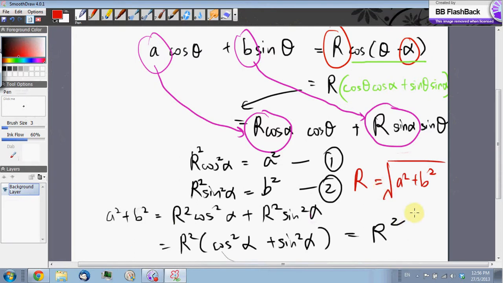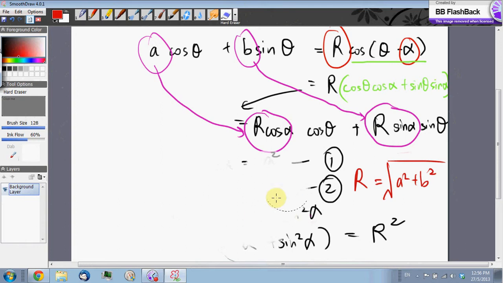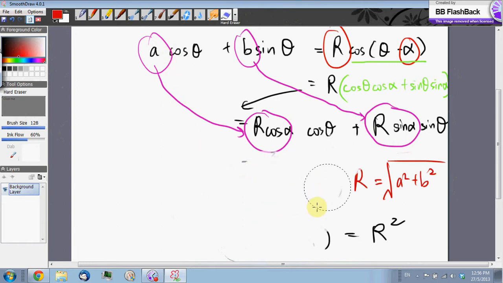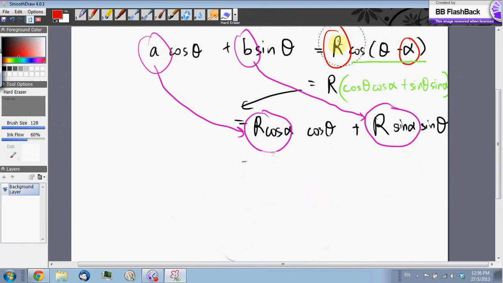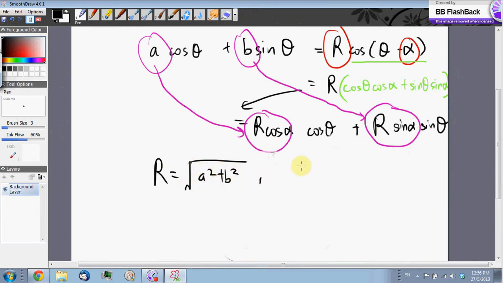So a summary would be as such. If I'm going to let a cosine theta plus b sine theta equal to r cosine of theta minus alpha, we just need to let r be equal to root of a square plus b square, and alpha equal to tangent inverse of b over a. Now realize b is the constant on the sine side, and a is the constant on the cosine side, if you express equations in r cosine theta minus alpha.